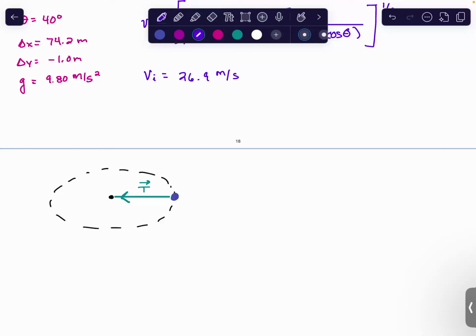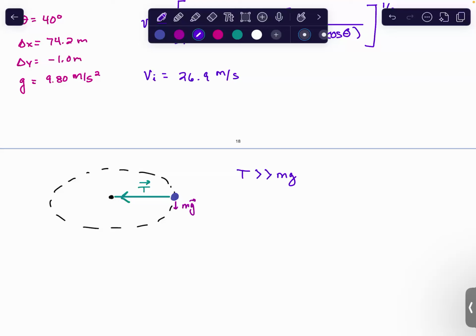Now you also know when you're thinking about the sum of your forces, that there's mass times gravity on the hammer, but this is where physics can make a generalization. You know that your tension is much larger than the gravitational force.